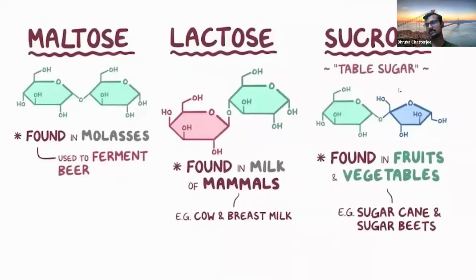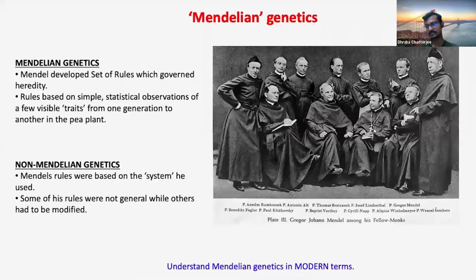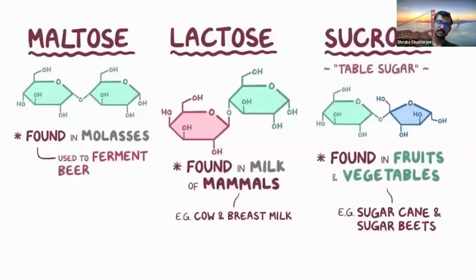And sucrose, which is our table sugar, the sugar that we most widely use in our tea, coffee, and various other preparations, is basically glucose and fructose linked together by a particular glycosidic bond, right? These are your disaccharides.